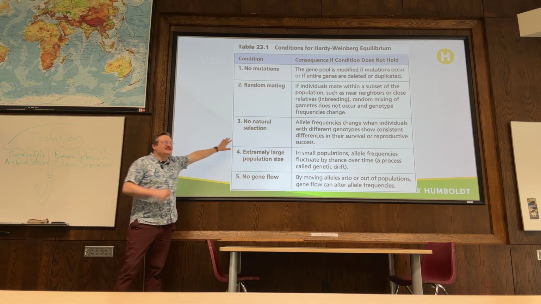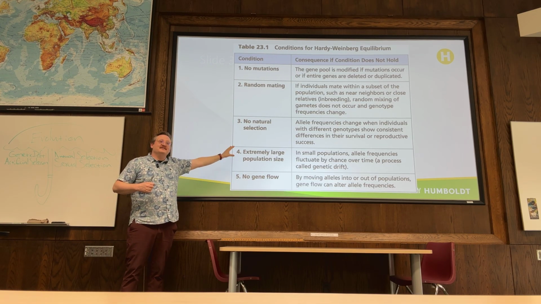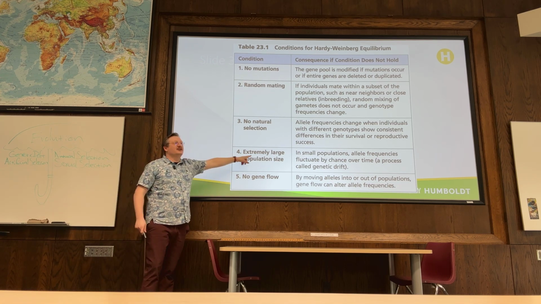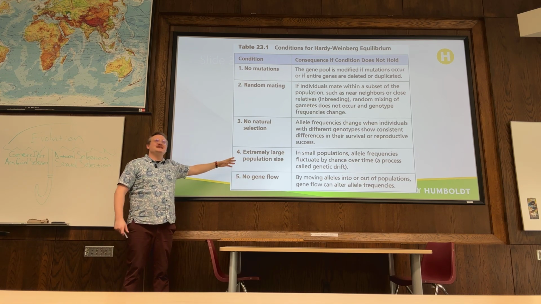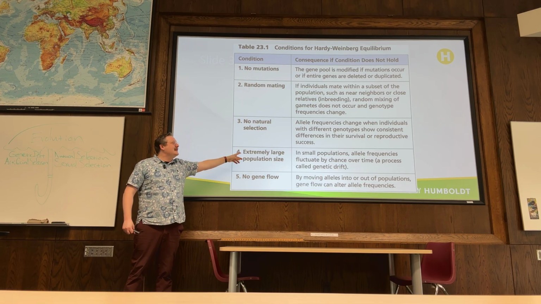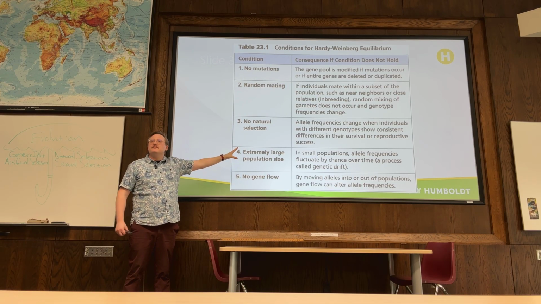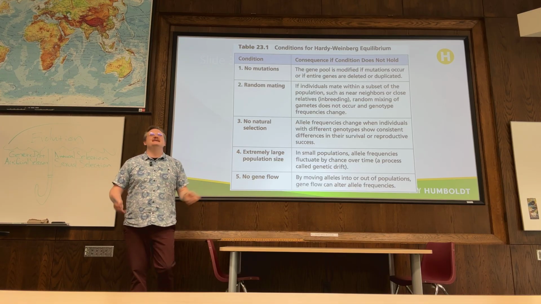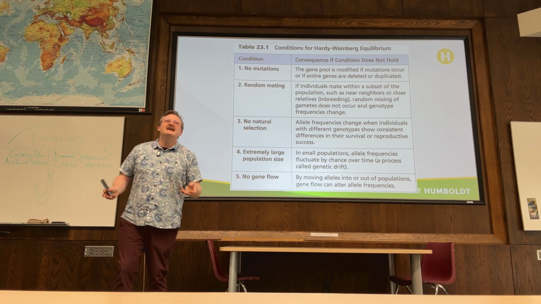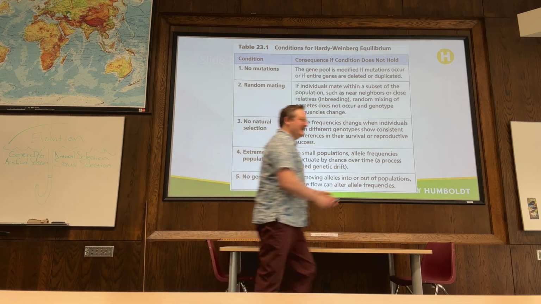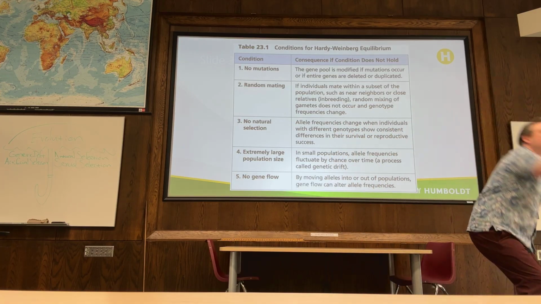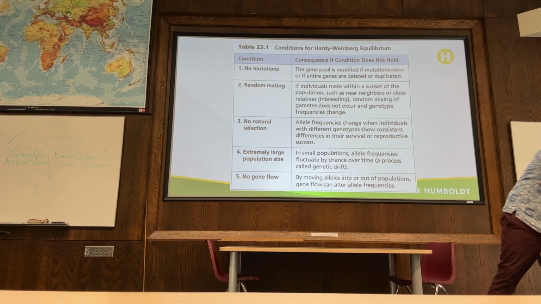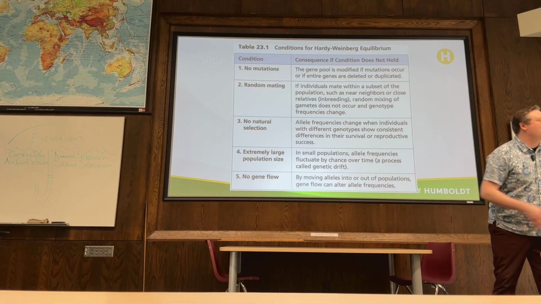Natural selection is a requirement here. If there's no natural selection, the population won't evolve. If some genotypes are better suited to the environment, the population is going to evolve. Next, extremely large population size. If the population size is small, it's very likely that random processes will eliminate certain alleles from the population entirely. If there's only 10 beetles in a population and a tree falls and just happens to kill all the purple beetles, now there are no more purple genes in the population.